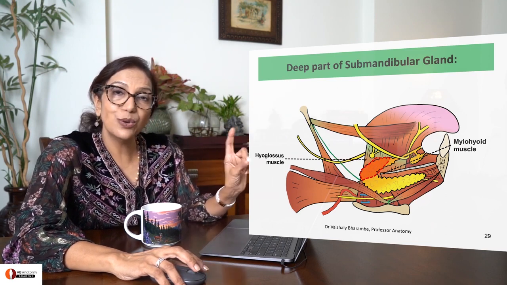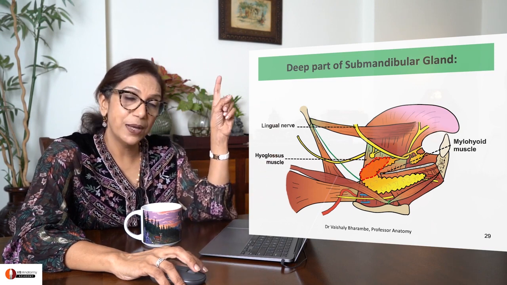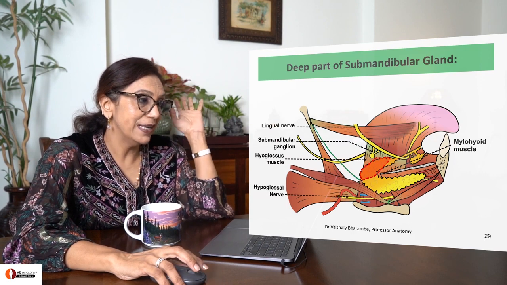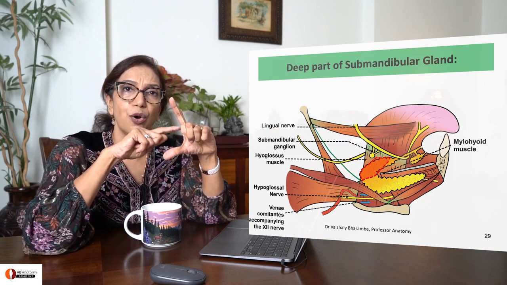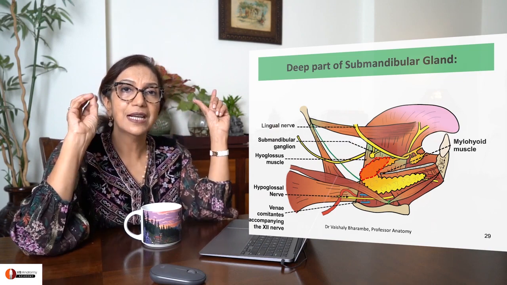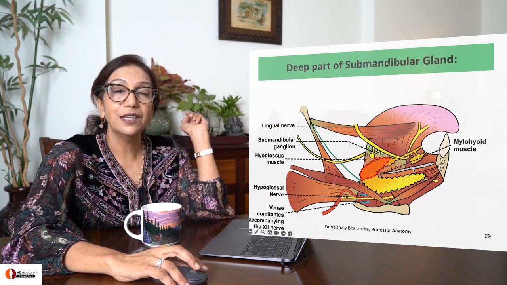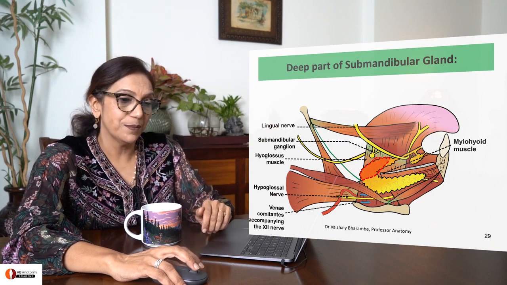Yes, it lies on the hypoglossus, superiorly related to lingual nerve and submandibular ganglion, inferiorly related to the hypoglossal nerve. 4 directions of relations of this gland are fixed. From its apex, you can see emerging here the Wharton's duct. We'll discuss that. Let's now come to revision.